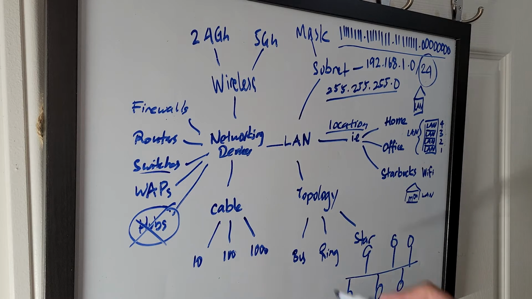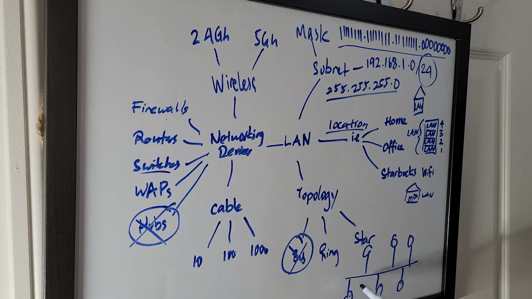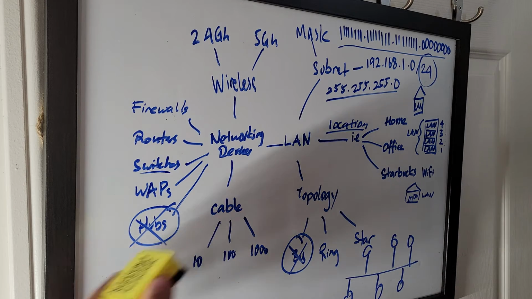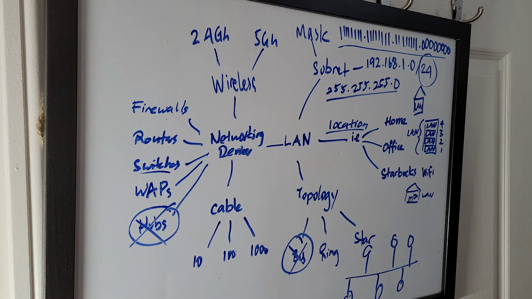So the bus, this is not what we use right now because only one device could communicate on the wire at the same time. And just like hubs, if two devices try to communicate at the same time, the packets are going to collide with each other, and they're going to have to resend that packet that they wanted to send.